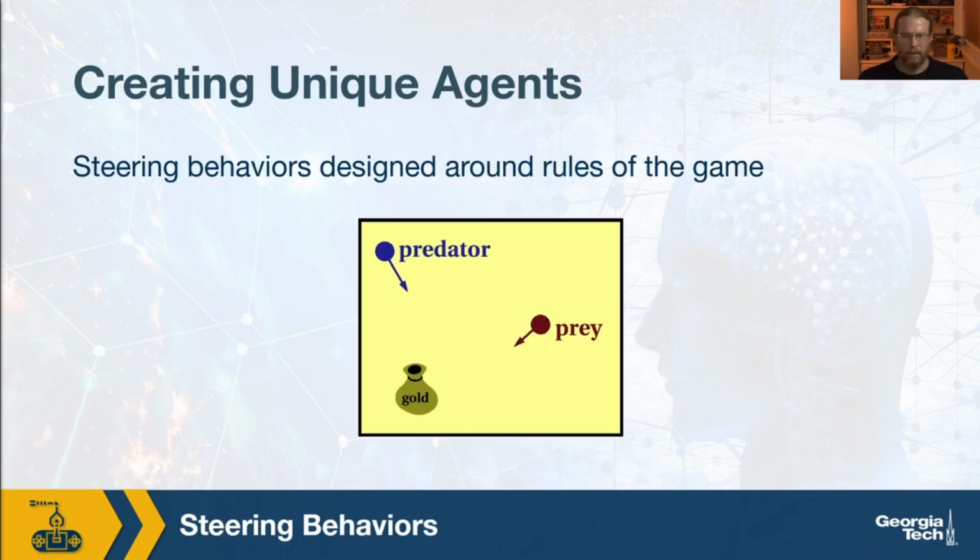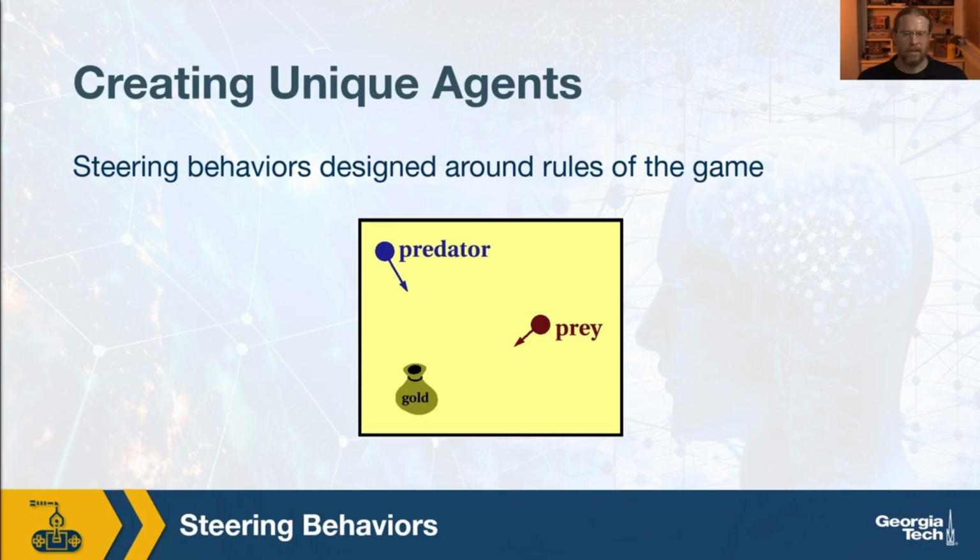A little bit more about selecting steering behaviors is that it's also important to realize how you can apply steering behaviors leveraging the rules of the game. So, for instance, let's say we have a game where the human player is the prey and they're trying to get to the bag of gold. And then we have an agent, the predator, that guards the gold.